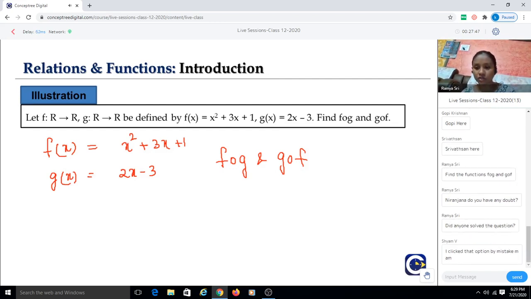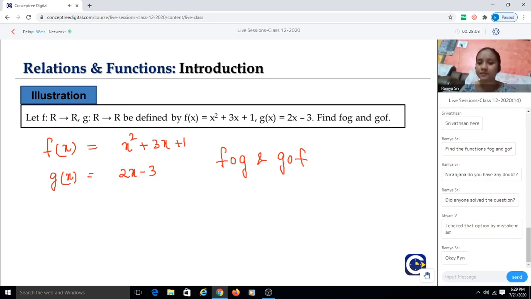Has anyone tried to solve that question? Okay, fine. Then no issue. What about the question? Has anyone solved the question?